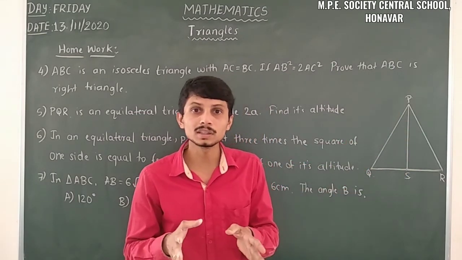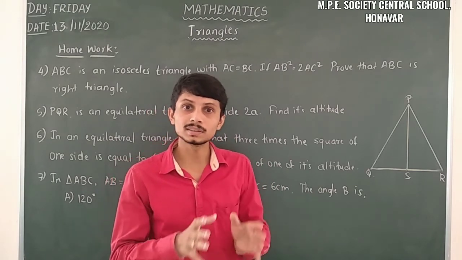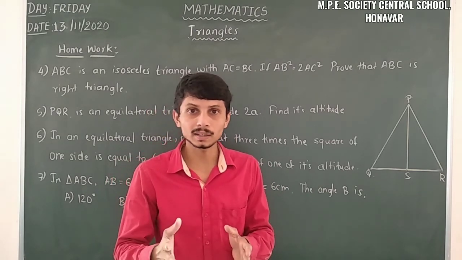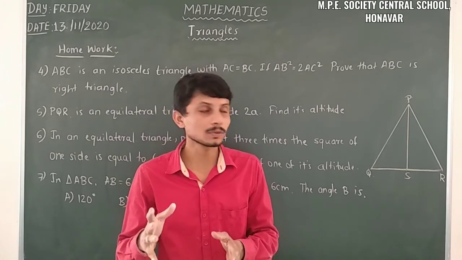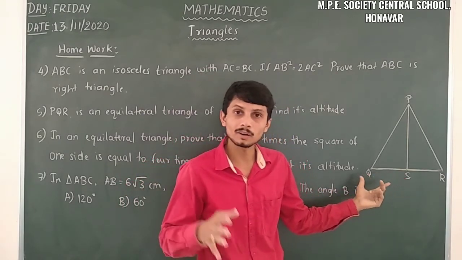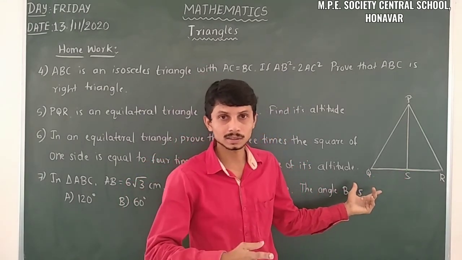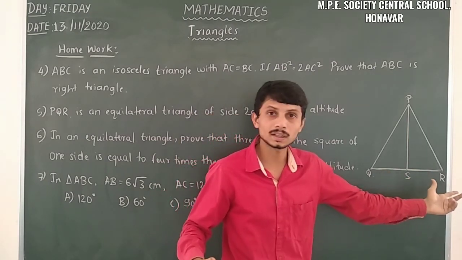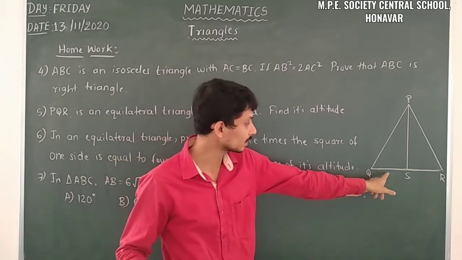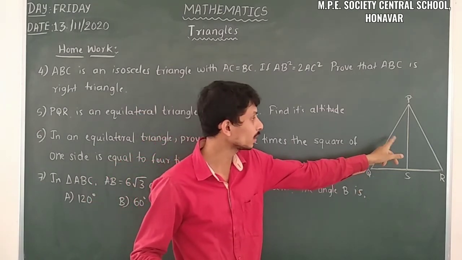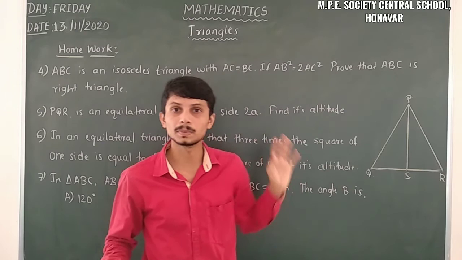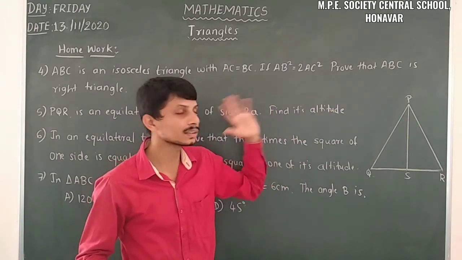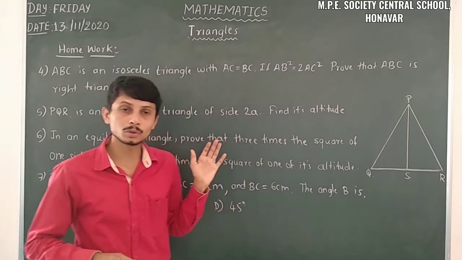So we have three equalities. After that we can say it's an RHS congruence rule. From the RHS congruence rule, we can take CPCT, that is corresponding parts of congruent triangles, that is QS equal to SR. After that we can take this as A and this as 2A, so we can find out the value of PS here. We get the altitude. So try to do it in your home.